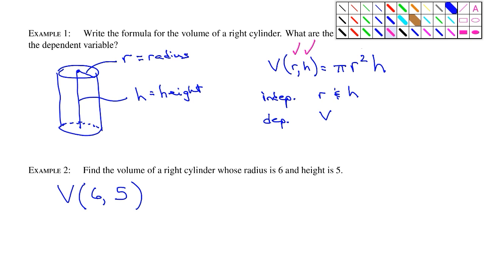Because they were named v of r comma h, then the 6 has to come first because that is the radius r, and the height 5 has to come second. But then we plug this in, and we get pi times 6 squared times 5, which is 180 pi.